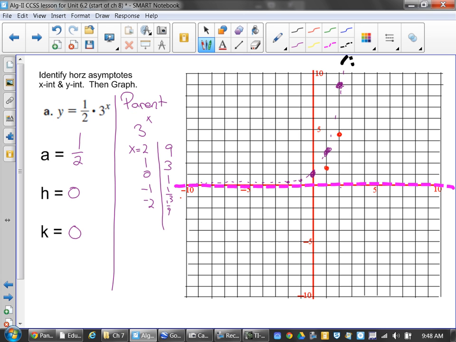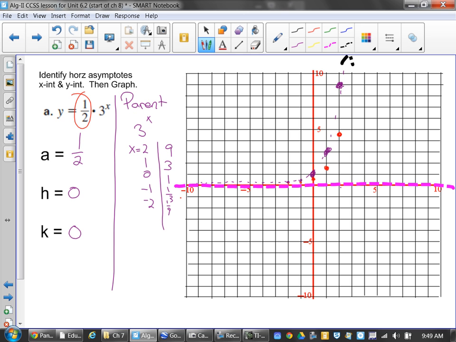Now what's my y-intercept? Half. And then obviously these other points become a little bit more difficult to get to. What we did here is we just took all those points and multiplied them by the a value. That's all. Okay. This a value in the shifted function, notice what the a value became.